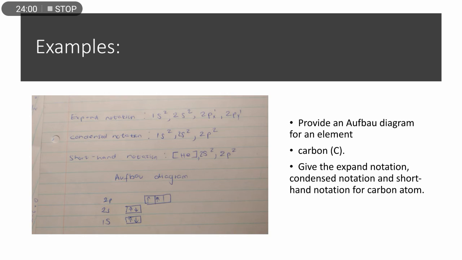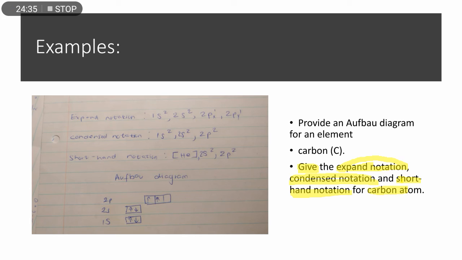They say give the expanded notation, which means you highlight all the keywords of the question so that you know what is required. Don't just write for the sake of writing. So it says give, which means you have to give the expanded notation, the condensed notation, the shorthand notation for the carbon atom.